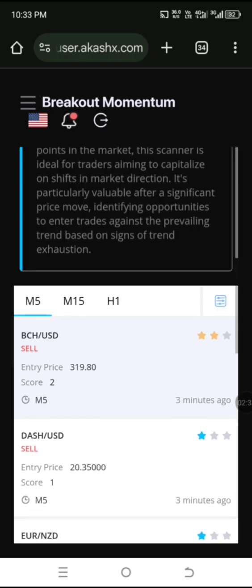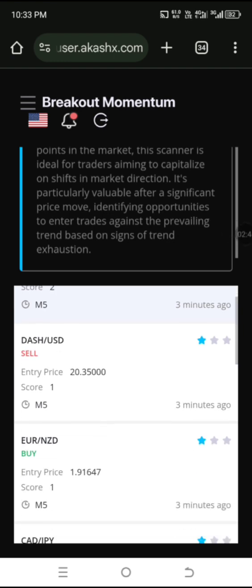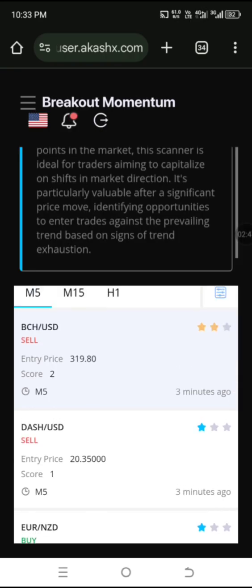So when you get to the scanner, we are trading gold. Or whichever pair you want to trade, you search for it here. But we trade gold at Wealth Hub, we mainly trade gold.